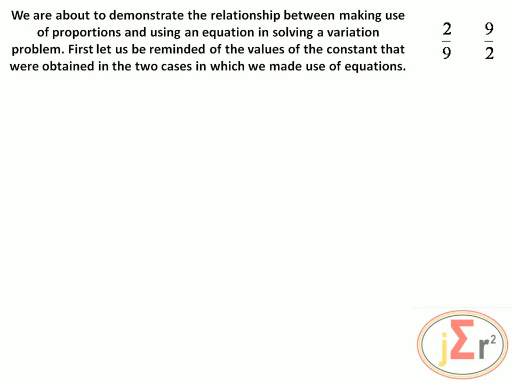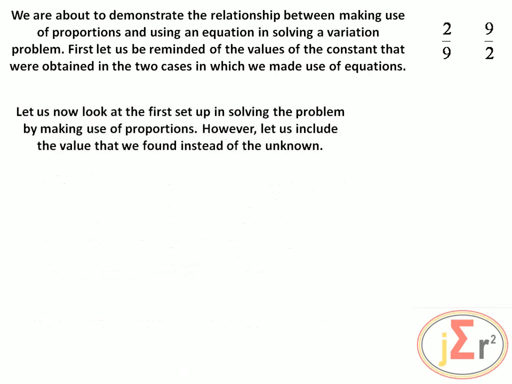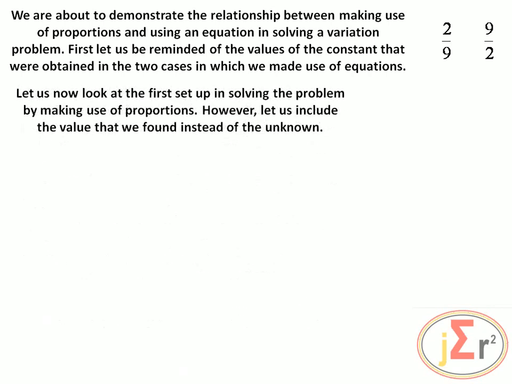What we are demonstrating here is that there is a relationship between making use of proportions and using an equation in solving a variation problem. And we will demonstrate the relationship. And it is, as I said before, the constant is that thing that you cannot forget about when you are solving a variation problem.